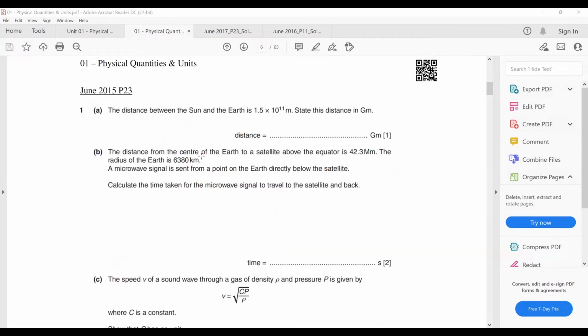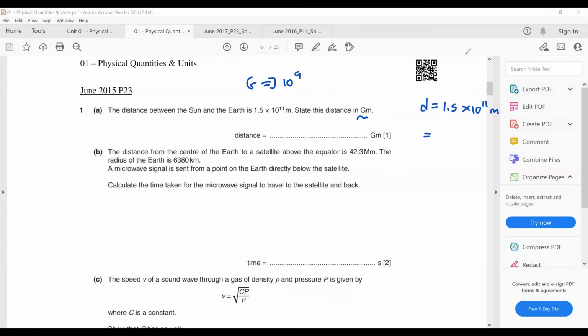Now, distance between the sun and the earth is 1.5 times 10 power 11 meters. Take this distance in gigameter. So distance here is 1.5 times 10 power 11 meter. Okay. So you want to change to gigameter. Giga, the conversion or the multiplication factor is 10 power 9.